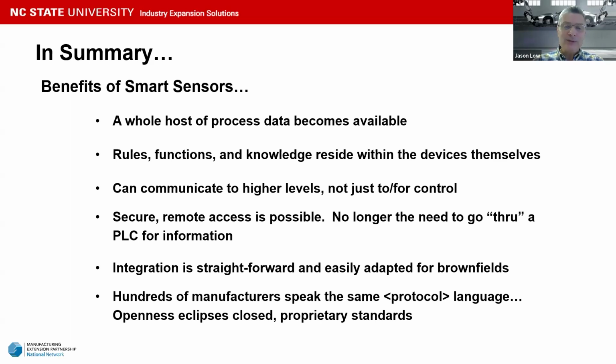So openness eclipses closed proprietary standards. I didn't identify what the oldest protocols were, but there are some up there that are more proprietary.